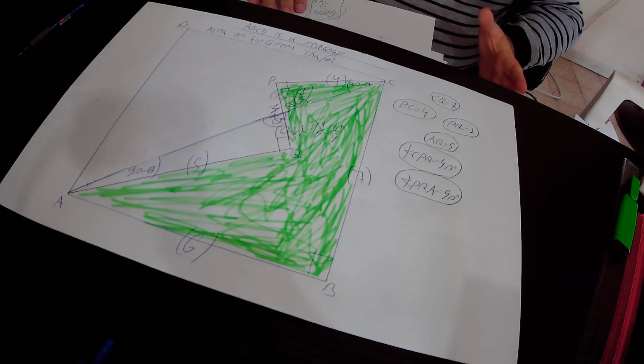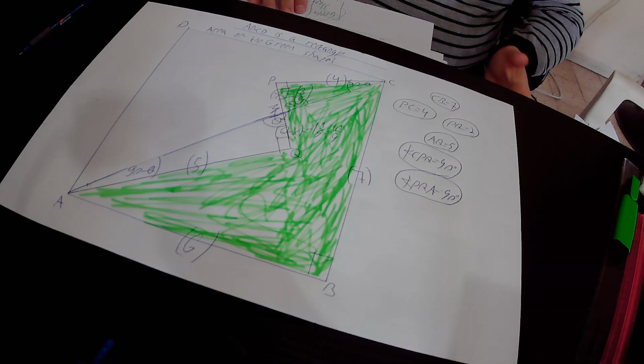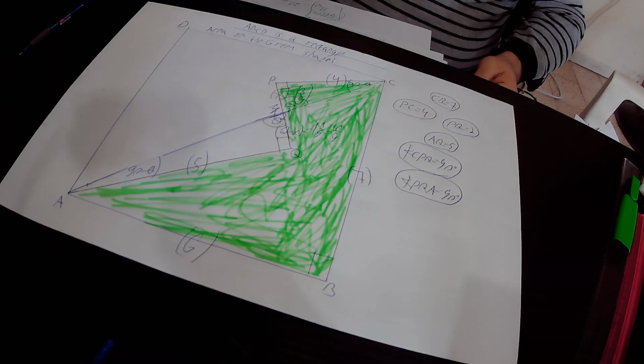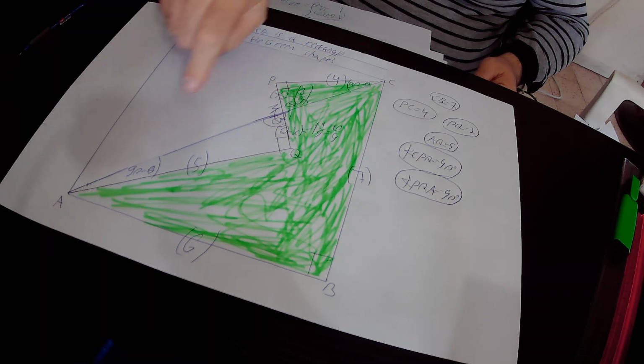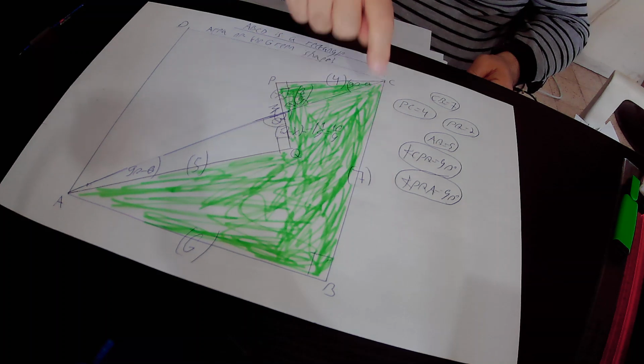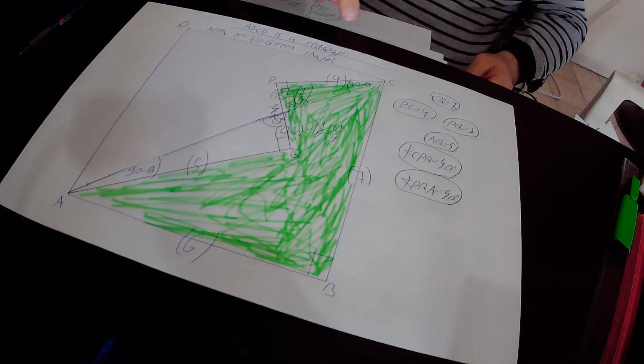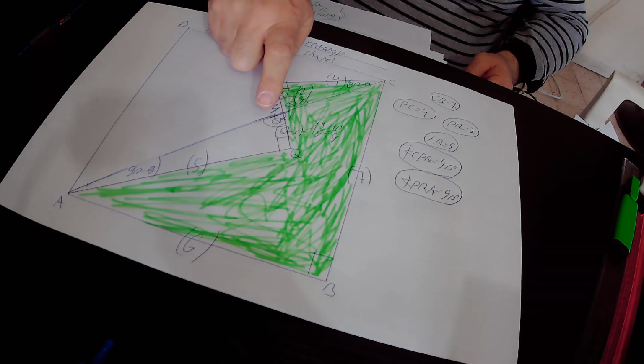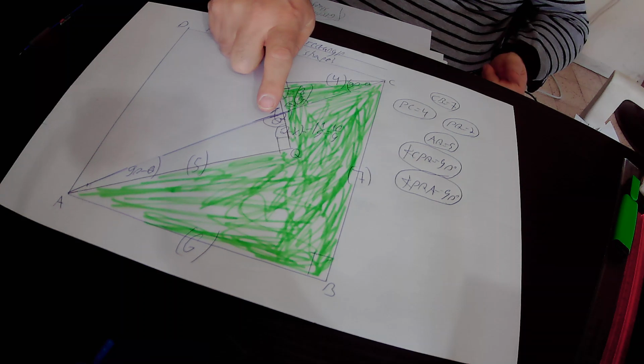So what is the area of the green shape? From the drawings it's very easy to see that the area of this green shape will be equal to the area of the big right triangle ABC, but the area of the big right triangle ABC consists of also the right triangle AQM, and our mission is to find out the area of the green shape.